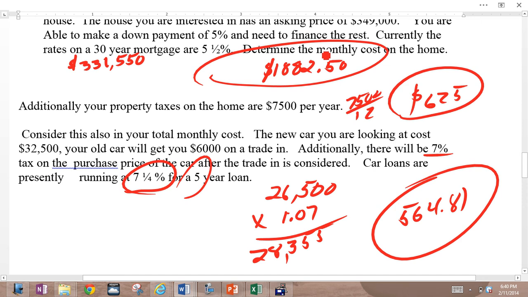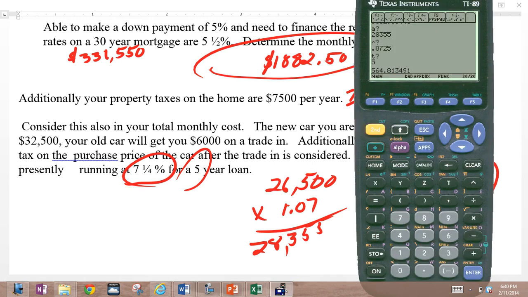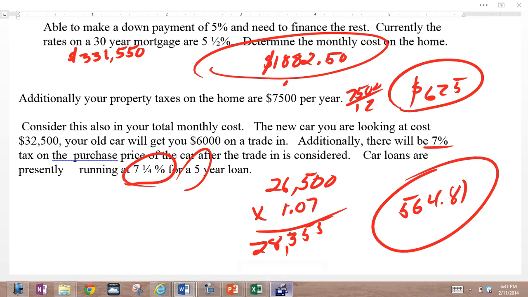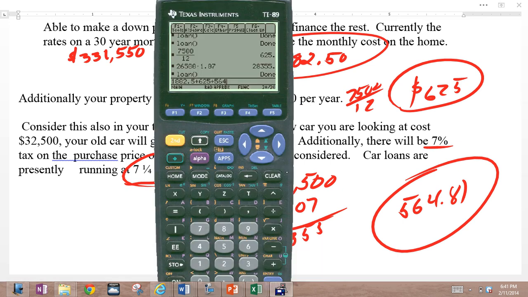So we should start tallying up our expenses, okay? Because I think everything else can just be added in. Okay, so let's see. We've got the 1882.50 plus the 625 on the property taxes, plus the 564.81.